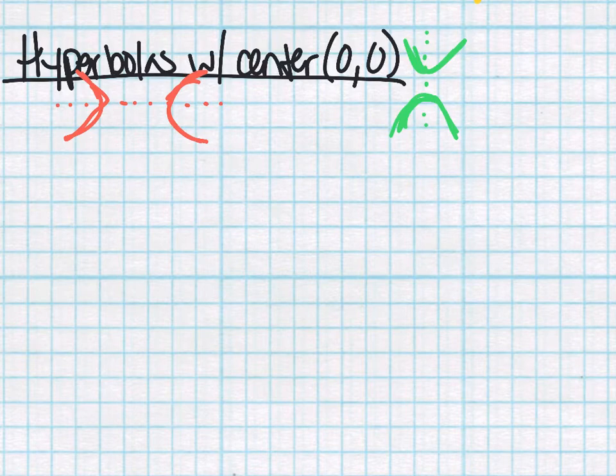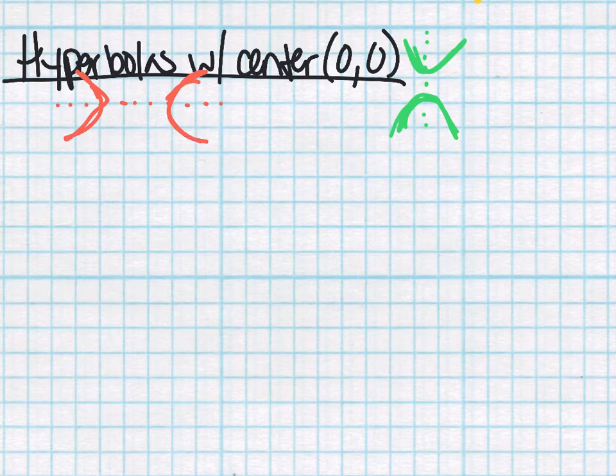So we call this one in red a horizontal. We call the one in green vertical. Even though you could argue either way, this is just the standard way we name them. So, standard equation for a horizontal one with a focal axis on the x-axis.